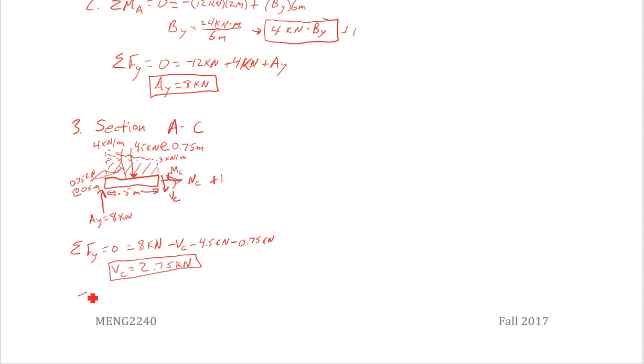Then I can do sum of the moments at C equals 0. So what do I have here? I have negative 8 kilonewtons times 1.5 meters.